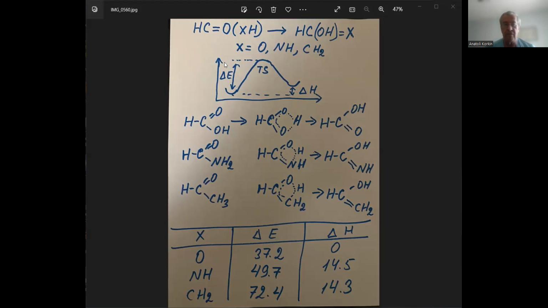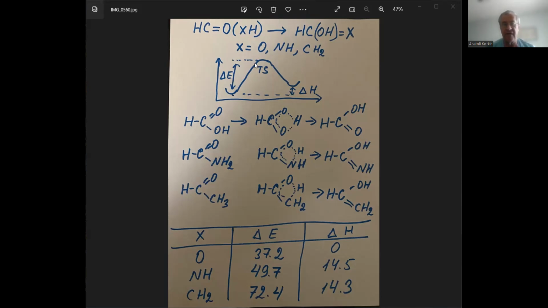So, this is a schematic of the reaction path from the initial state to the final state, and schematically shown is a transition state. It's a saddle point, a minimum energy saddle point, where all vibrations are positive, except one.